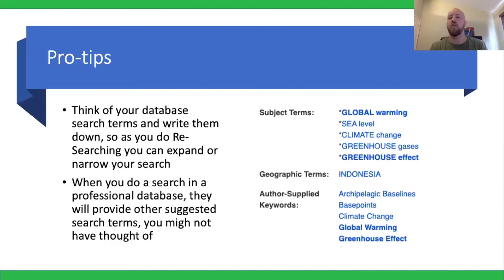Coming up with those kinds of terms will help guide you towards the topic you're interested in. So these can often be good points of contact to see what you should be searching for. If I'm looking at global warming, what other topics should I be searching for?